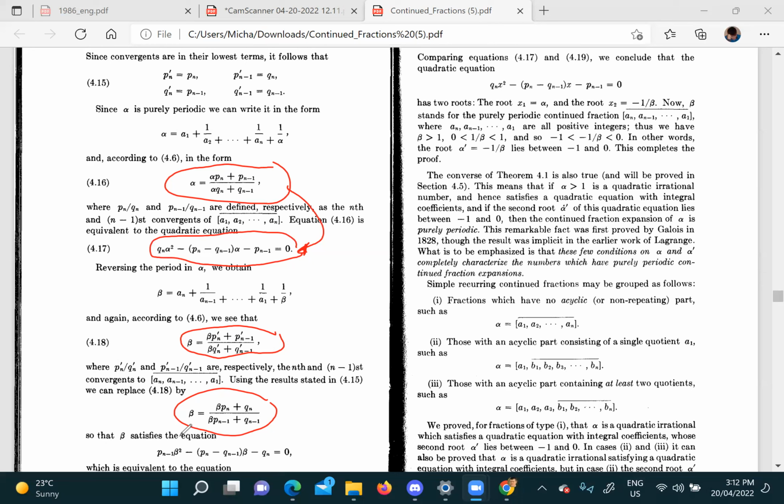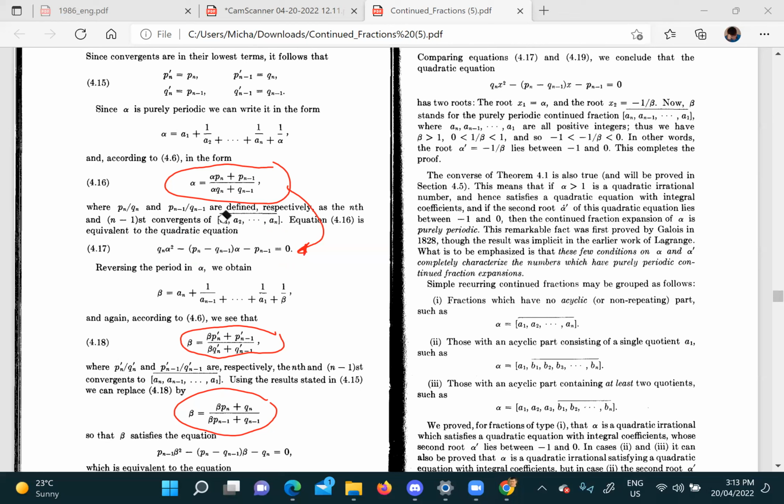Okay, so this equation is Pn minus 1 beta squared, plus Qn minus 1 beta, minus Pn beta, minus Qn. So those two equations differ. Let me write these in blue.